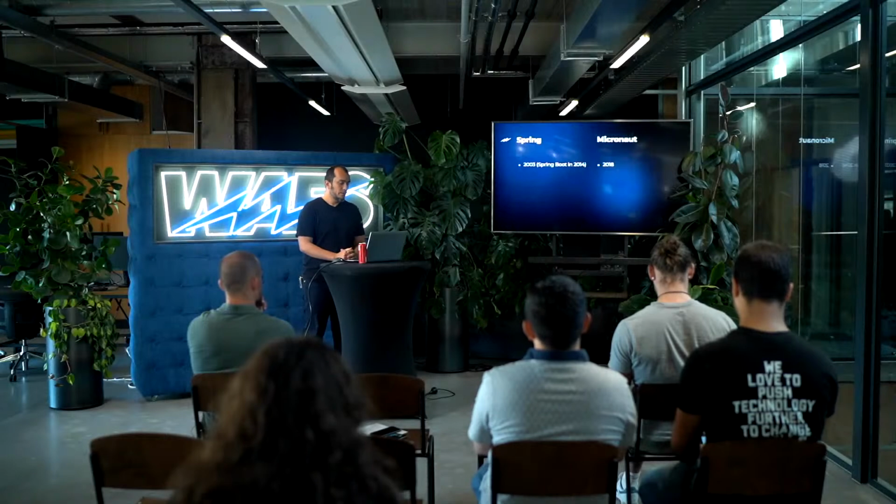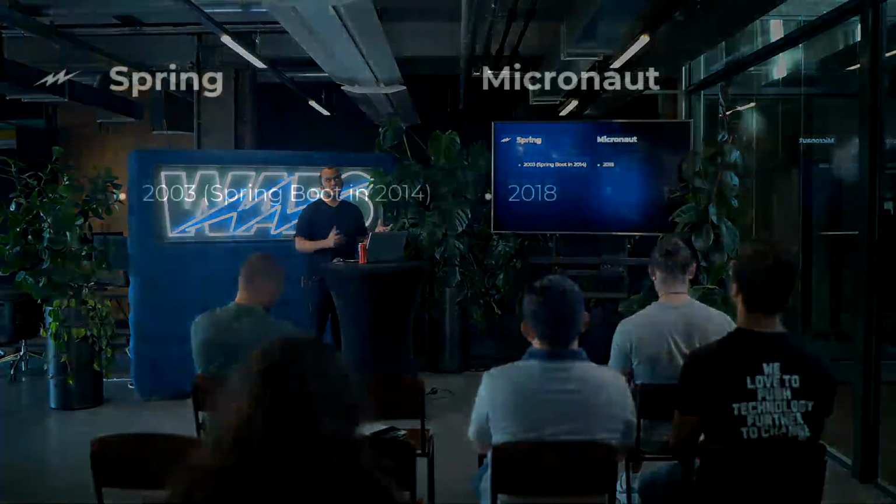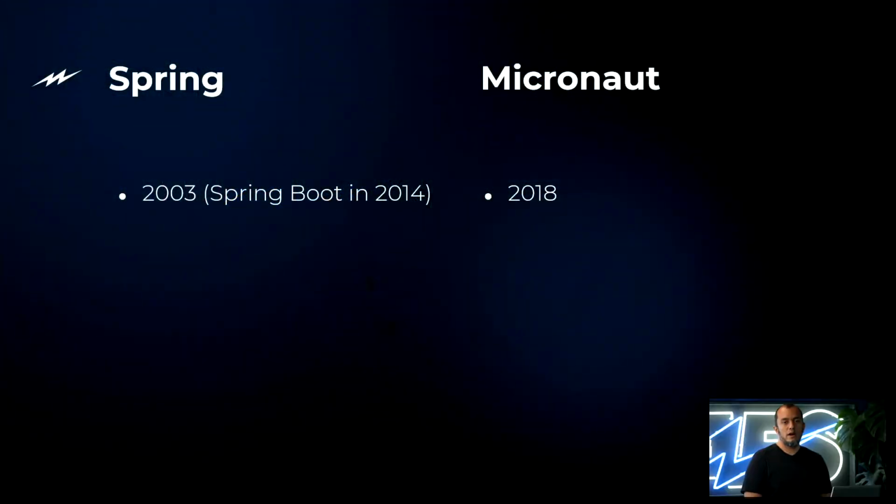Now, Spring was born almost 20 years ago. It was released in an era where it was harder to create Java web applications because you had to configure a lot of XML files and other stuff. Spring Boot was released in 2014, with the philosophy of convention over configuration.